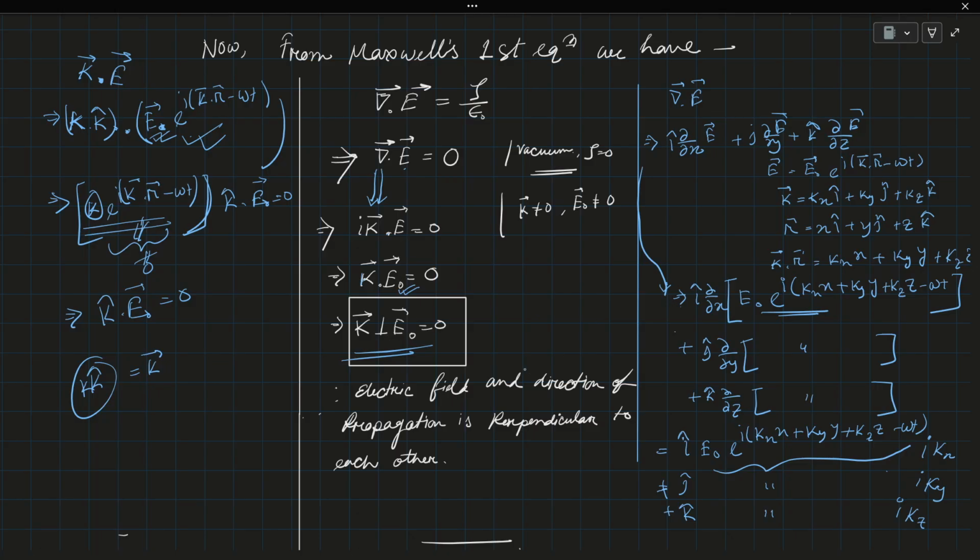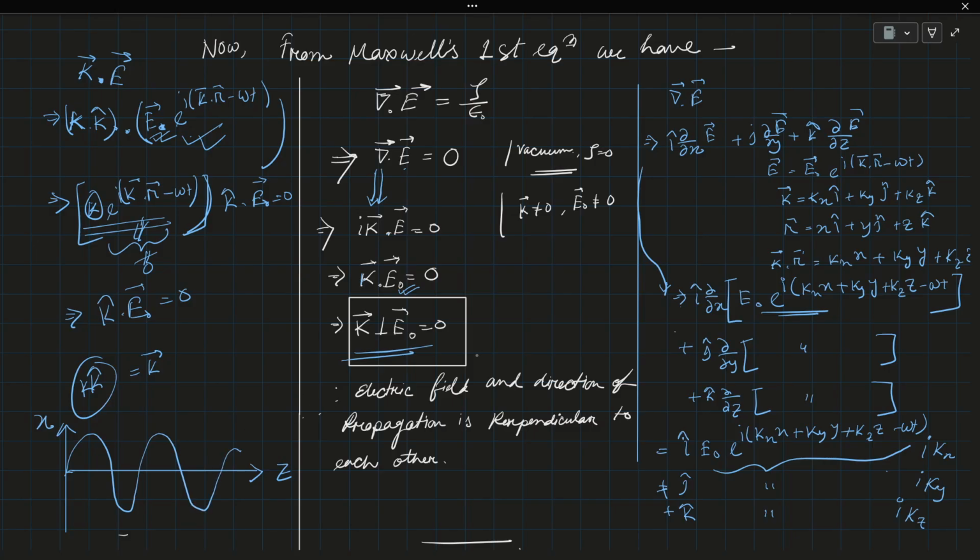I hope you have understood this. So what we have got is that k and E naught are perpendicular. That means the electric field and the direction of propagation are perpendicular to each other. This is one of the properties. If the wave is moving, let's say, in the Z direction, then the electric field will be oscillating in a perpendicular direction, say the X direction.